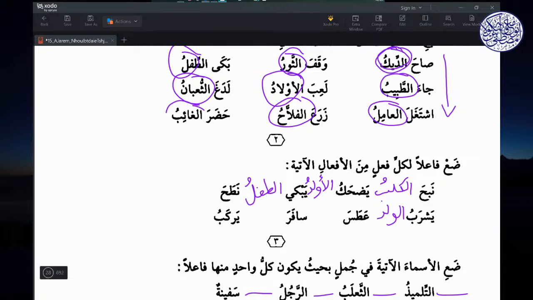The father is crying. يبكي الولد, the child. الزوجة, you could do this. Again, زوجة is feminine, but it's permissible to start it with a masculine verb here, but it's better not to for the time being. But يبكي الزوج, يبكي الرجل, يبكي الطالب, يبكي الطفل, so many things, right?